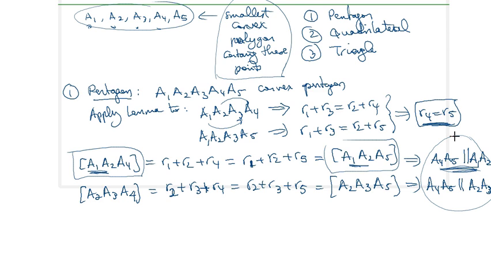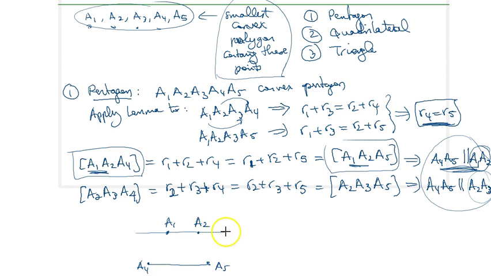Now I claim that this gives us the desired contradiction. We have two points, A4 and A5, and a line parallel to the segment A1, A2. Let's say this is A1 and that's the point A2. In addition, we also know that segment A2, A3 is also parallel to A4, A5.